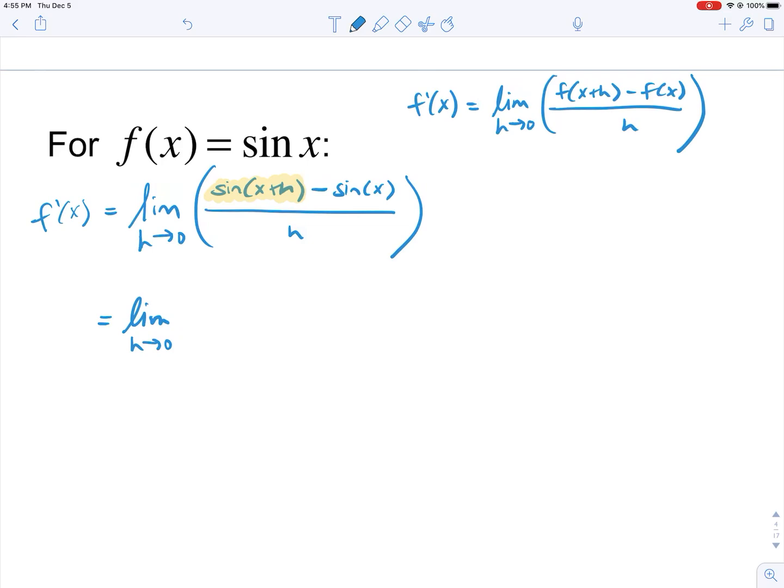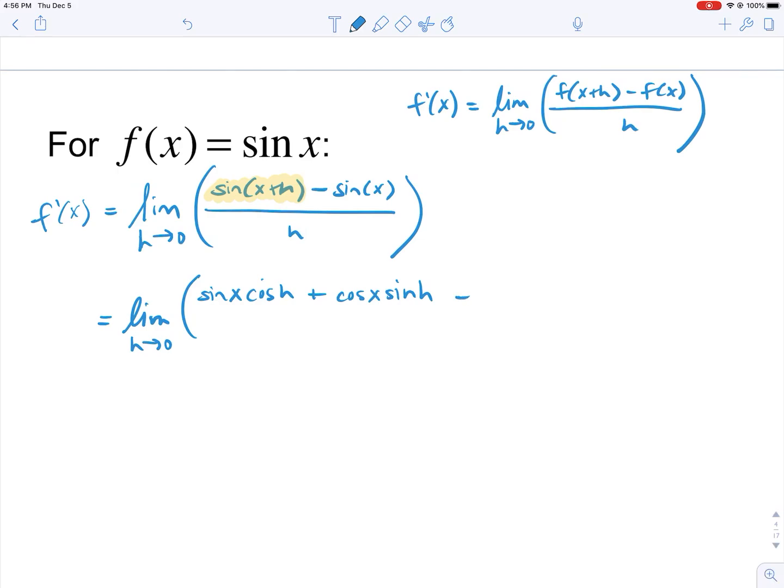So if you remember, sine of x plus h is going to be the sine of x times cosine of h plus the cosine of x times the sine of h.